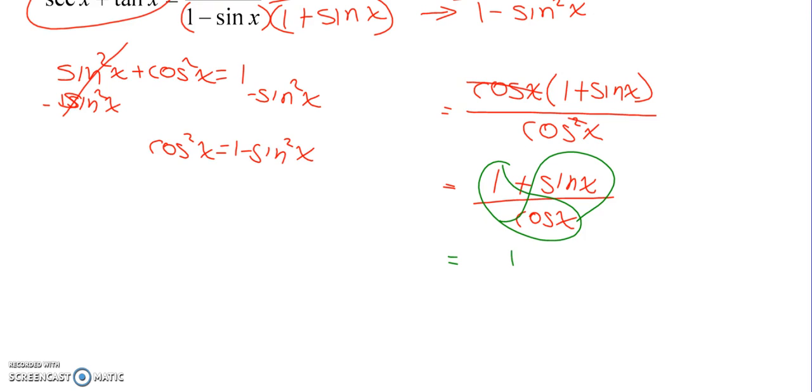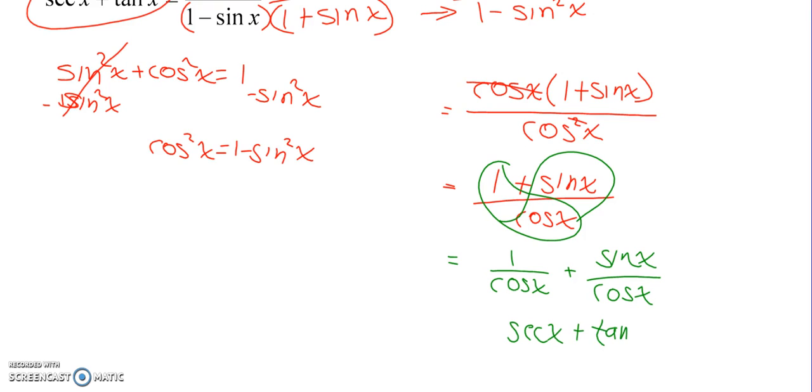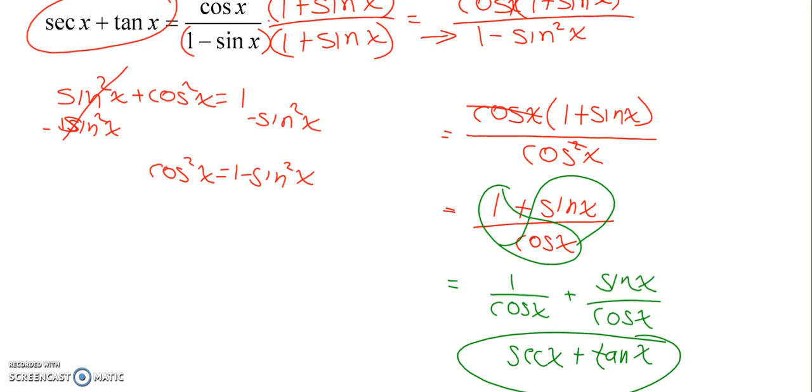You can think of this as having the denominator in both, and I'm going to make it two fractions with the same denominator. Well, I know by our reciprocal identities, 1 over cosine is the same as secant x, and I know sine over cosine is tangent x, and now I have arrived at the secant x plus tangent x that we were looking for.